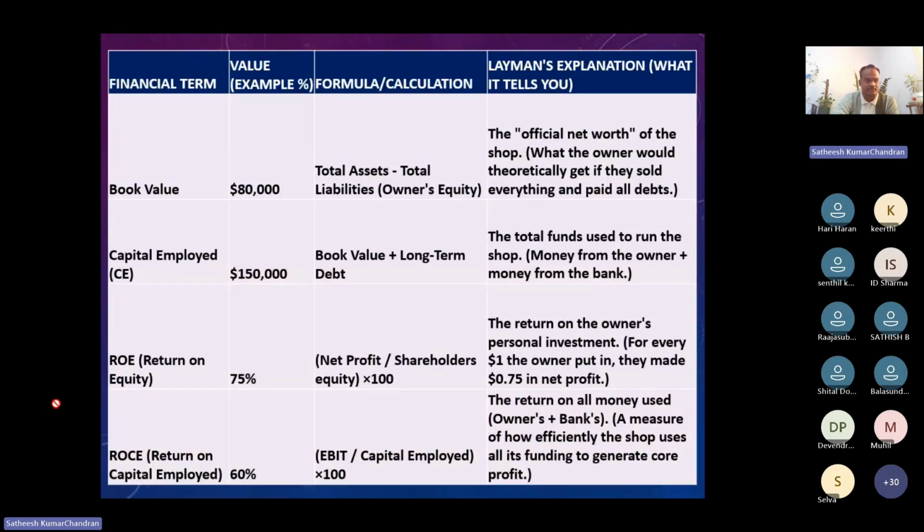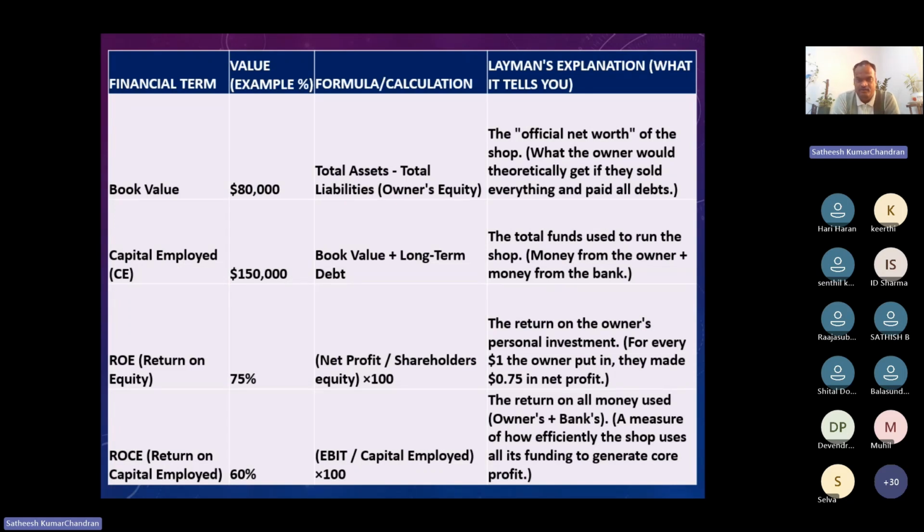So if we see ROE, net profit, 60,000 we have received, as shown in the previous slide. Net profit is $60,000 divided by shareholders' equity multiplied by 100. This is ROE. That means the return on the owner's personal investment.